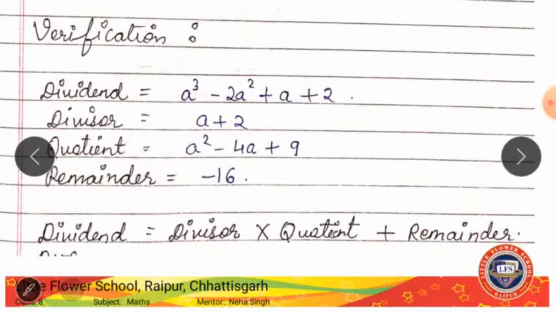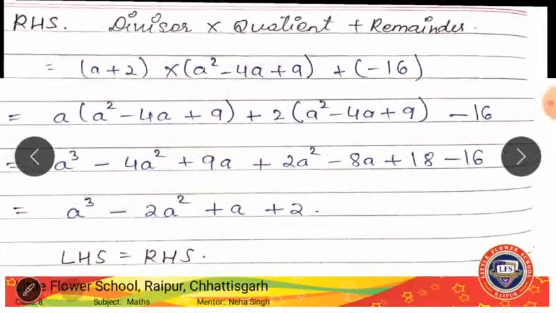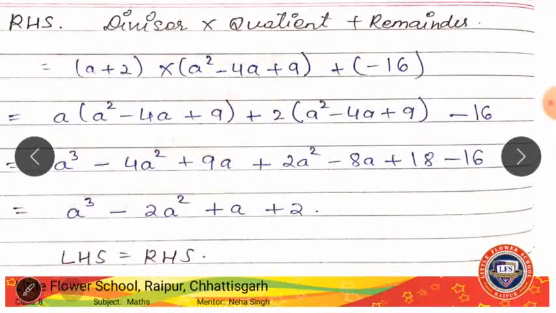Then the division algorithm, dividend equals divisor into quotient plus remainder. Then you will put the values of divisor, quotient and remainder and you are going to multiply. So LHS equals RHS. If they are equal, you will write hence verified, since the verification part is done.